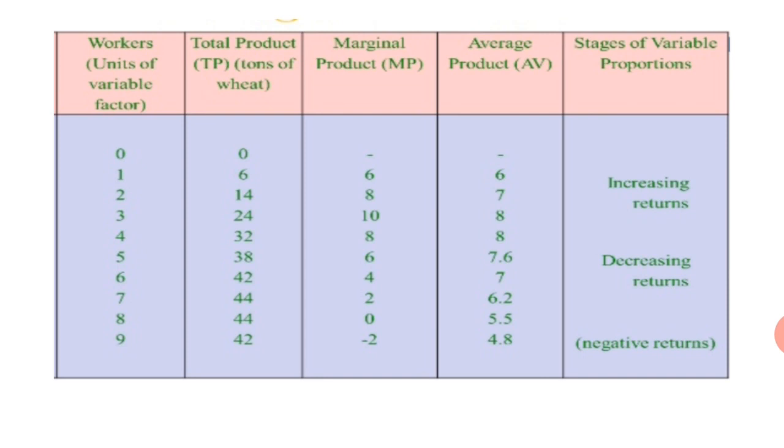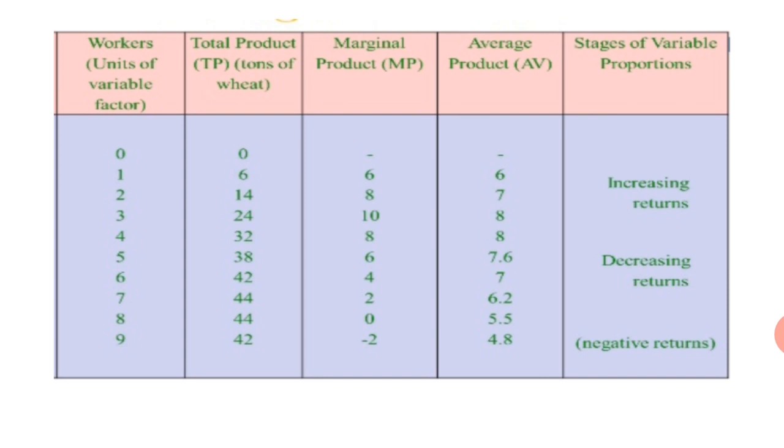So if you see the differences between these increasing numbers, they go on reducing. So the total product is increasing but in a decreasing format. The differences between two numbers go on reducing. So this is the difference between increasing returns, that is increasing in an increasing form, and the decreasing return, increasing in a decreasing form.